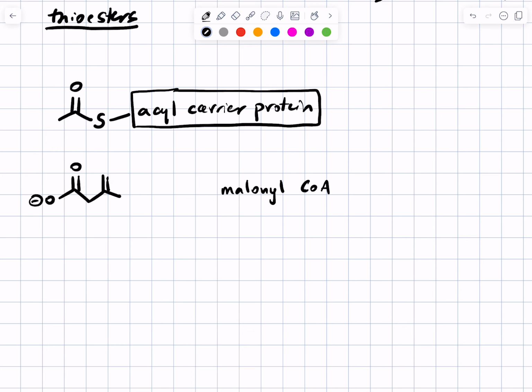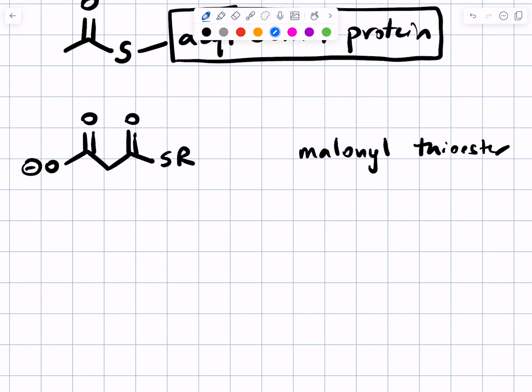What I'm drawing for you now is malonyl-CoA, or we'll just call it a malonyl thioester, because we're just going to put an R group there and not worry about what it is. Notice that this malonyl thioester is a beta keto or a beta carbonyl acid.